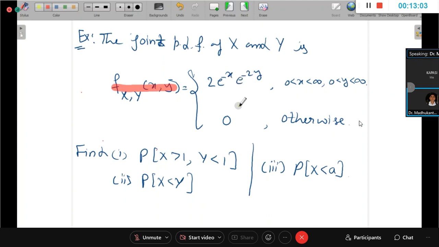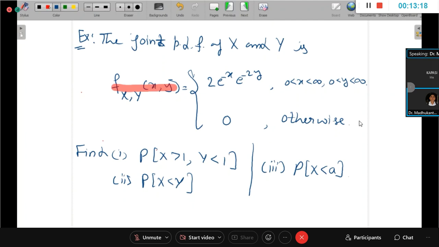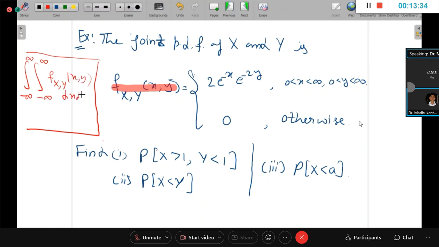You can verify that this is a non-negative function, and also that the double integral over the whole sample space for X and Y, from minus infinity to plus infinity, the normality condition, f_{X,Y}(x,y) dx dy, equals 1.